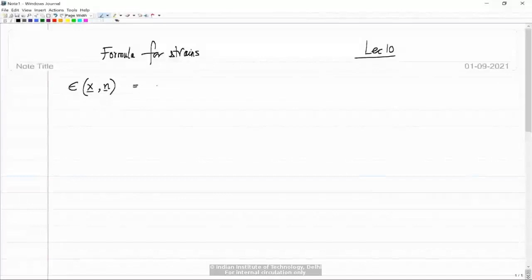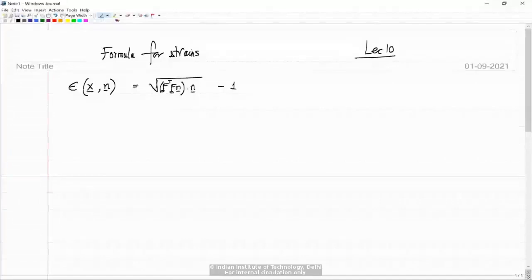And it turned out to be square root of F transpose F n dot with n minus 1, right? Where n is again the direction of the line element in the reference configuration.